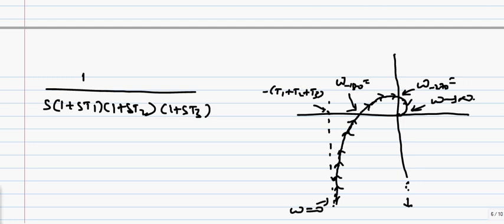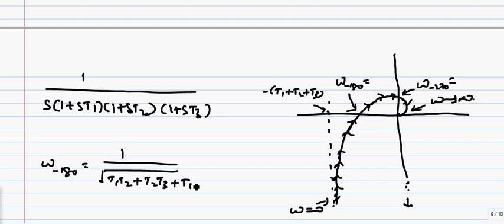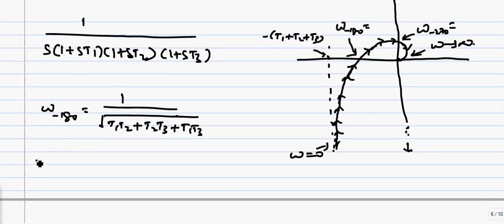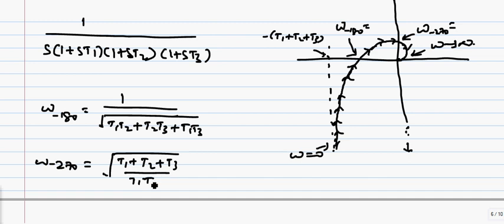Omega at minus 180 degrees will be equal to 1 over square root of (t1 t2 plus t2 t3 plus t1 t3), and omega at minus 270 degrees will be equal to square root of (t1 plus t2 plus t3) whole divided by t1 t2 t3, okay.